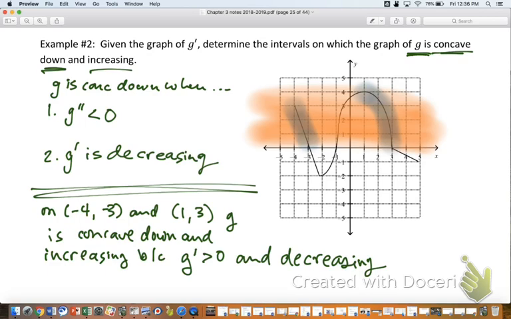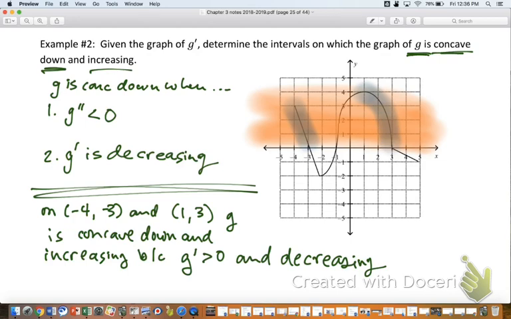So the slope of f is f prime. If f prime is going up, from negatives up to 0, almost going to 0, that means the slope of f prime, also known as f double prime, would have to be positive.